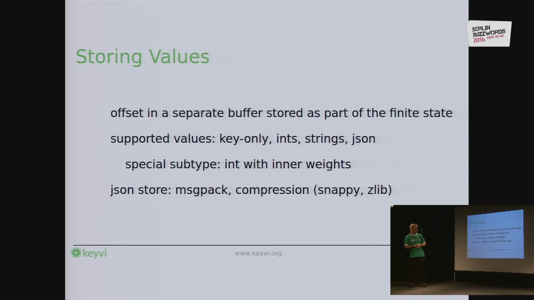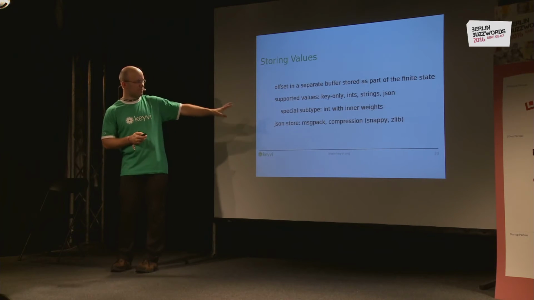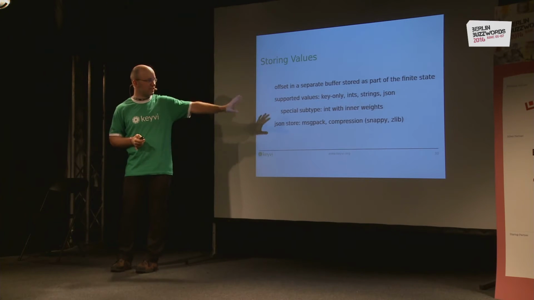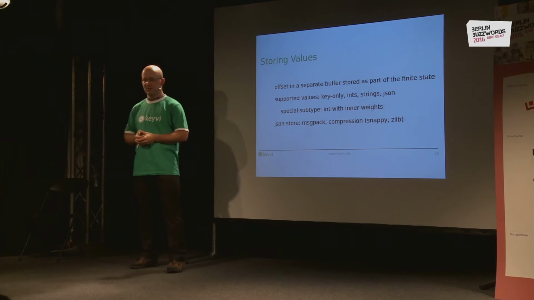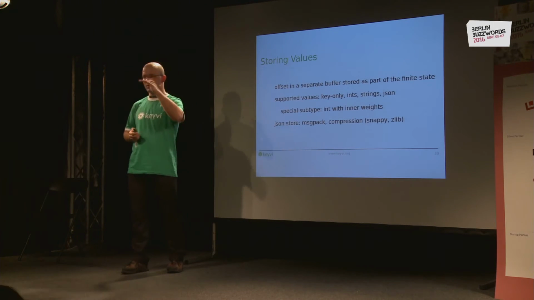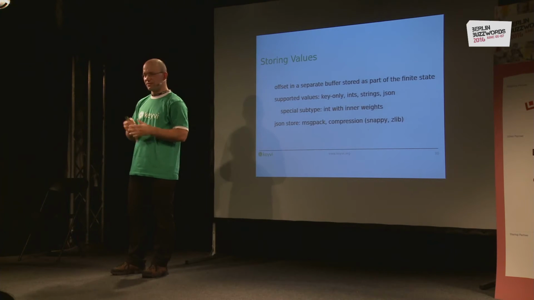We have types like key only, which would mean this filter type of things. We have ints, if you just need very simple things. Strings, which is actually superseded by JSON. JSON means you can store anything in there. There's a special subtype which is called int with inner weights. That's for a special use case where you want to go a certain path while you are looking up. Sounds complicated.